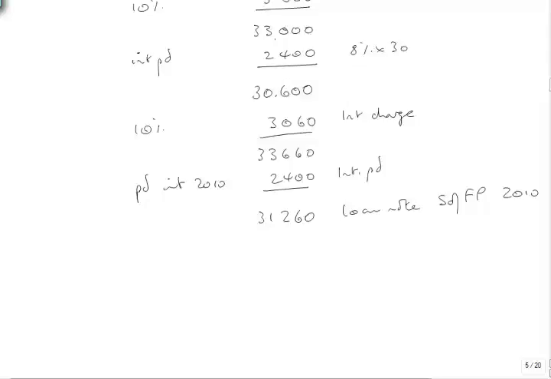Right. I think that deals with that. We've got also, just let me pause a moment. We've got investment income, loan note interest. The correct figure is 3,060. And we've also got interest.